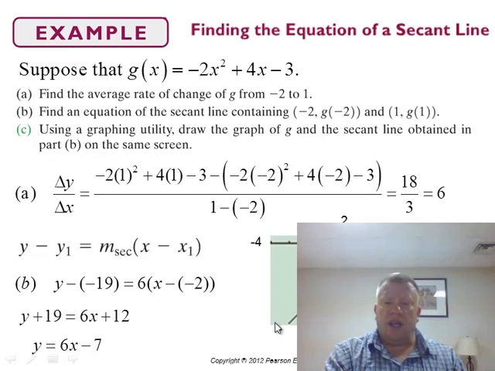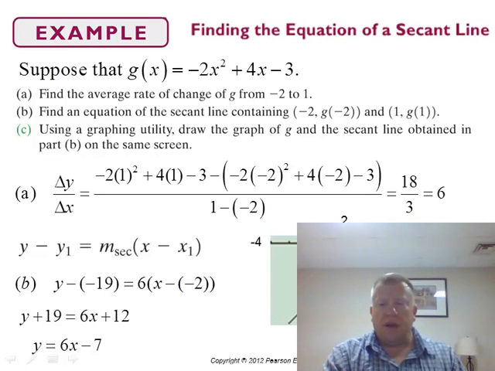And you can see that this line, y equals 6x minus 7, intersects the graph of g, this g right here, at this point here and this point here. And now, focusing on the graph of g first, you notice that the graph of g is fairly steep right here, steeper than the line.